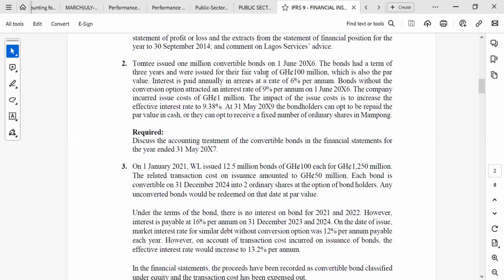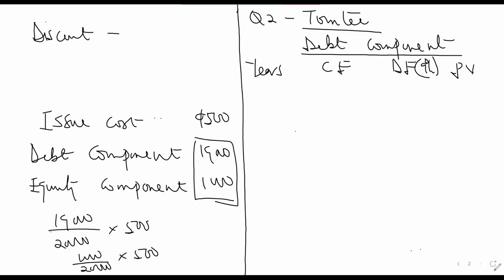How much will be the interest every year? 6%. 6% on which amount? On the 100 million. Okay, 6% on the 100 million. So the interest that they are going to be receiving is just the coupon, what you people have been calling coupon. This is going to be for 3 years, so that is an annuity. You can put the annuity there to be 6 million.